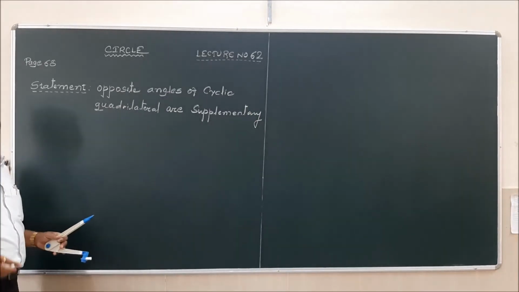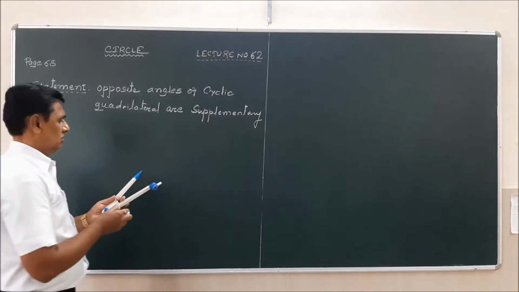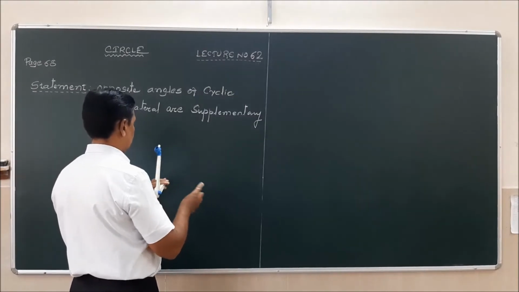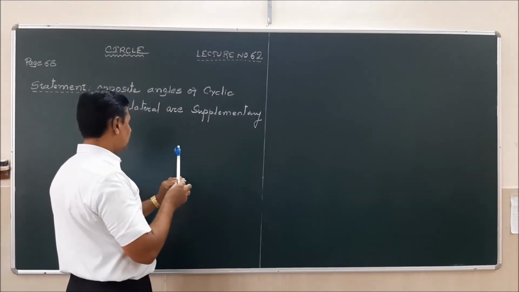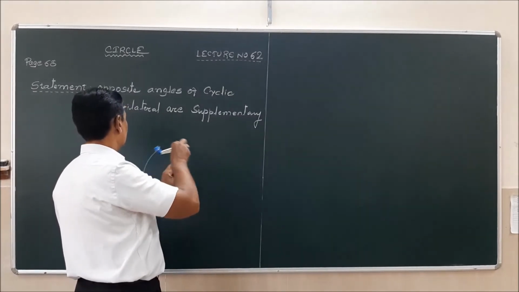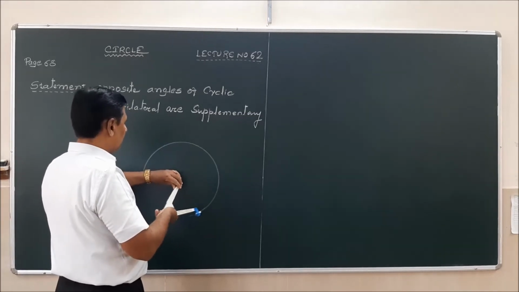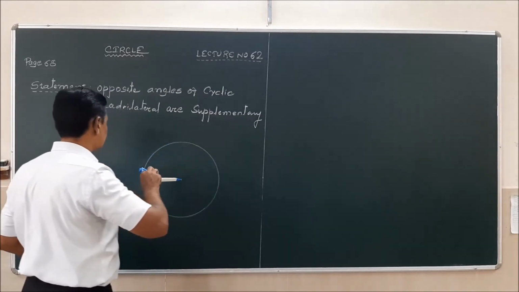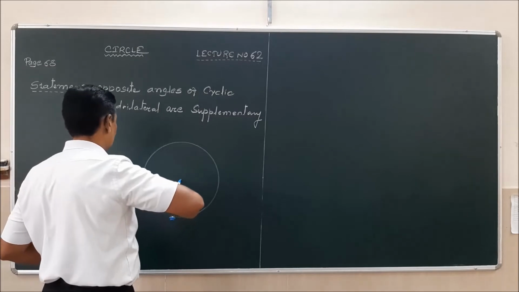Okay, now I am going to draw the figure first, as usual. Since you all know the definition of cyclic quadrilateral: a cyclic quadrilateral is a quadrilateral of which all vertices are lying on the circle.